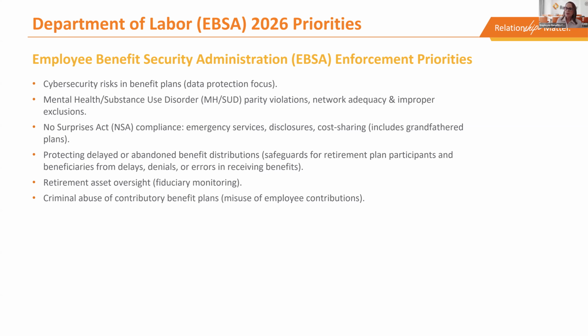And then your fiduciary monitoring of your retirement assets, that oversight is really core critical. And then lastly, they will also look for any criminal abuse of contributory benefit plans, where the employee contributions themselves have been misused.